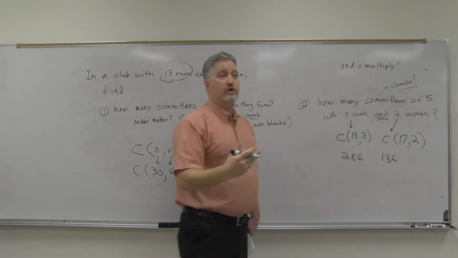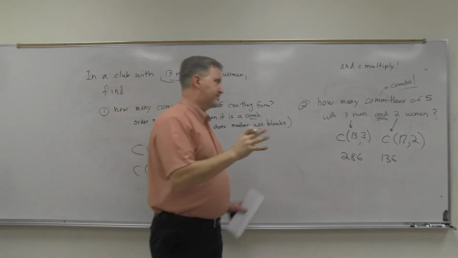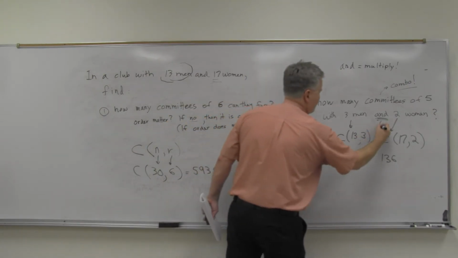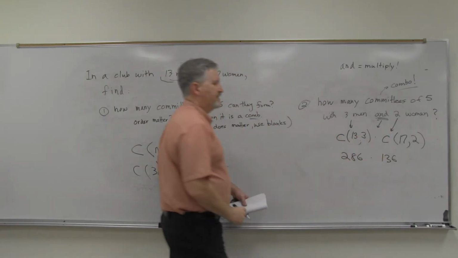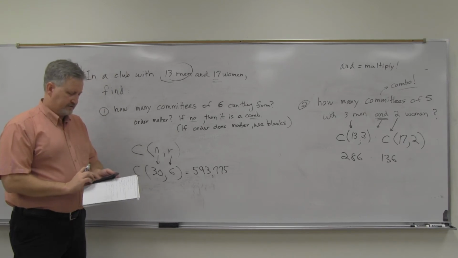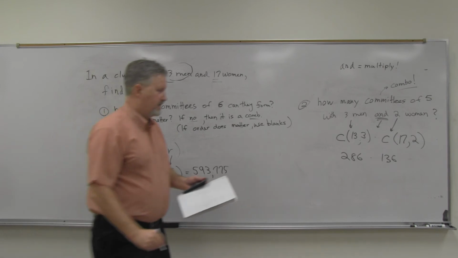Or, if you see the word or, that typically means add. There are little catches, but and means multiply. So I'm going to multiply those 2 together. 286 times 136. Not add, multiply.